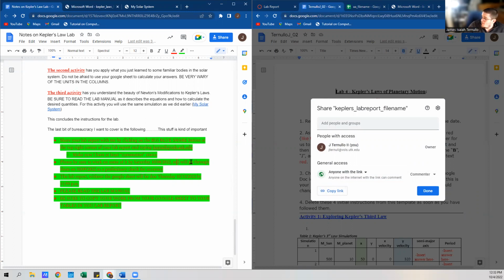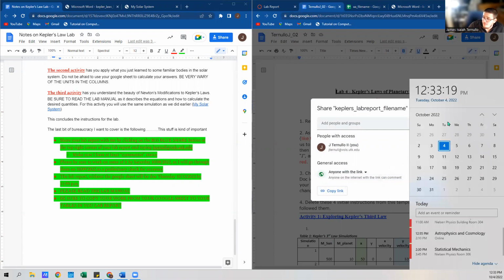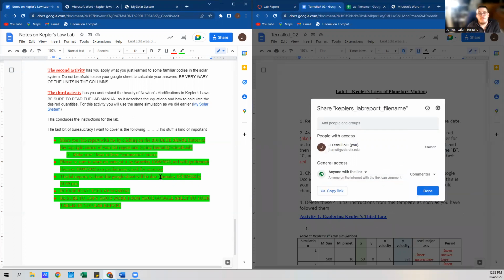Please be sure to work on some of this by Saturday if you can, because Sunday I will go through, if I'm not driving, and check y'all's work and make sure that you're on the right track, provide you some feedback. The lab report, I'm actually probably going to move this.